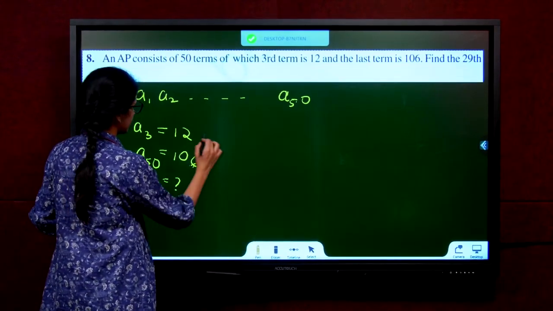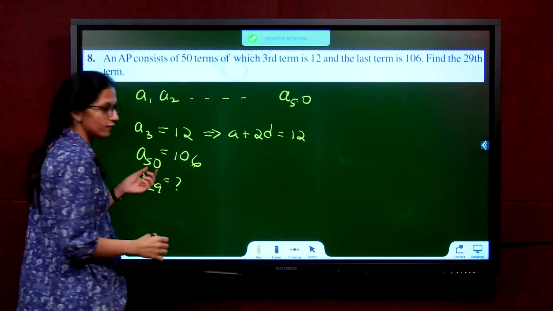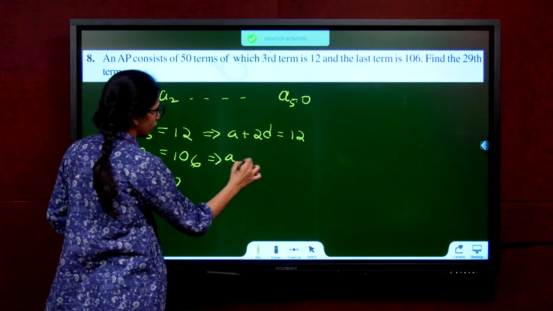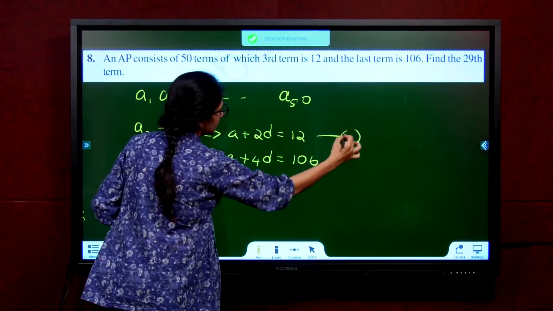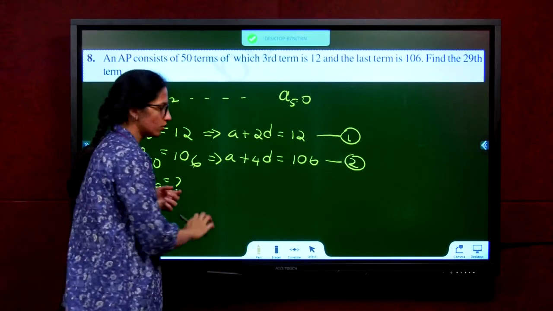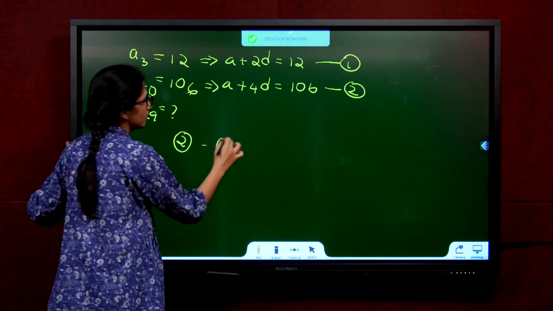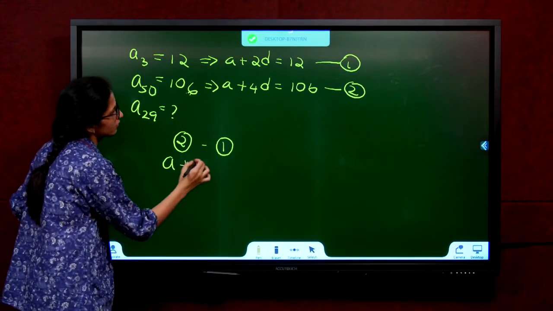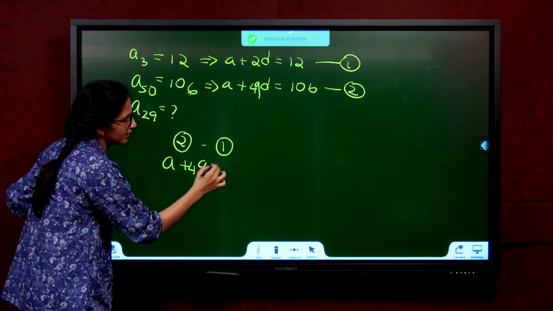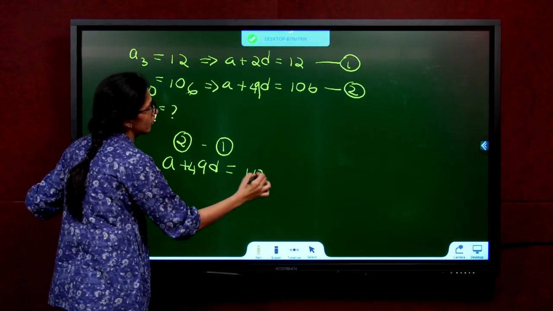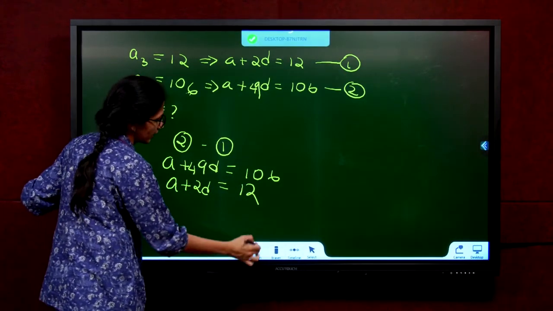We can say this is A plus 2D is 12. We can say this is A plus 49D is 106. Label this as equation 1, this as equation 2. 2 minus 1 or 1 minus 2, anything. So, if we do 2 minus 1, A plus 49D is equal to 106. A plus 2D is equal to 12.